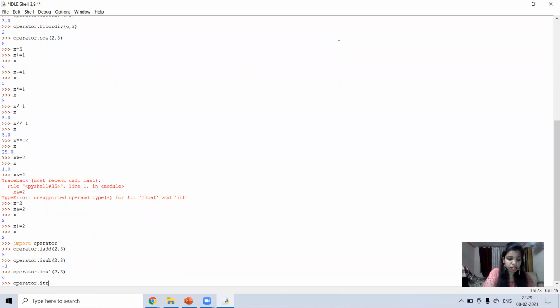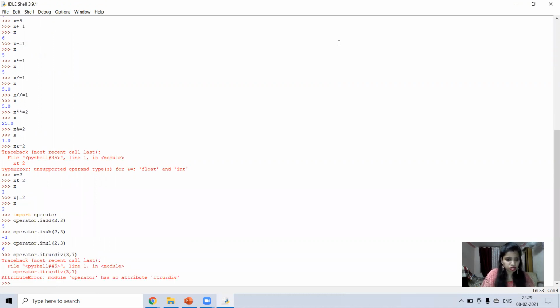operator dot itruediv, 3 comma 6, any values you can check by yourself. It is showing an error because I have written the wrong spelling of true. Not itrue, itruediv. operator dot itruediv 2 comma 3.